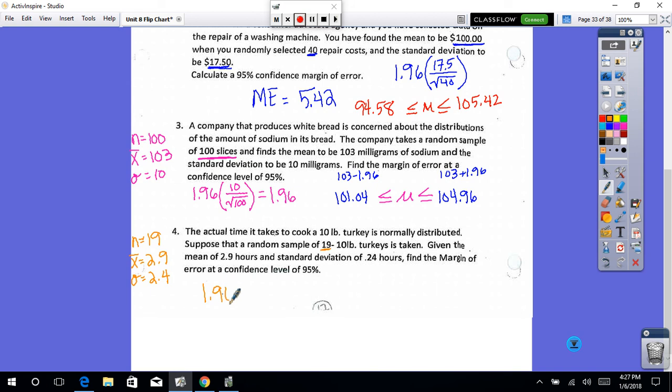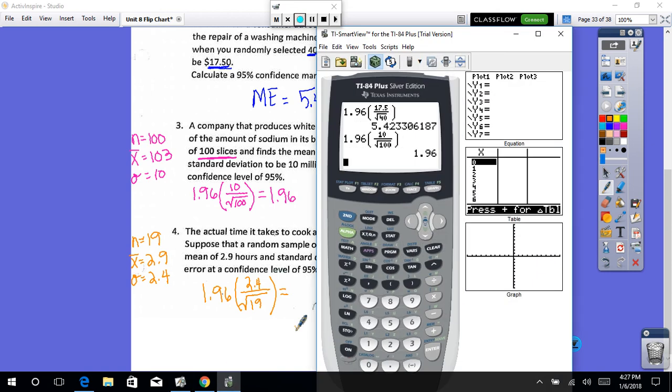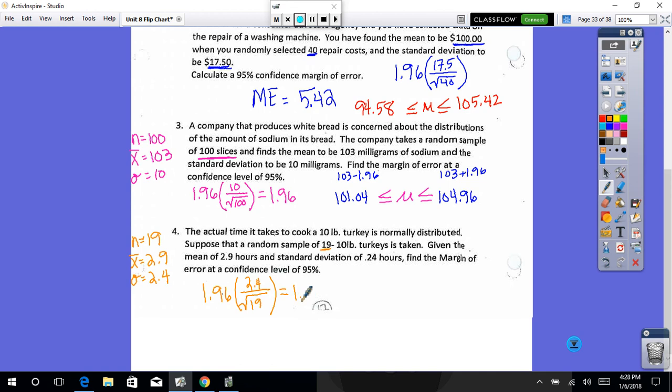Okay, so margin of error 1.96. Standard deviation on top. Square root of my sample. I took 19 samples of turkeys. So my margin of error is we'll say 1.08.